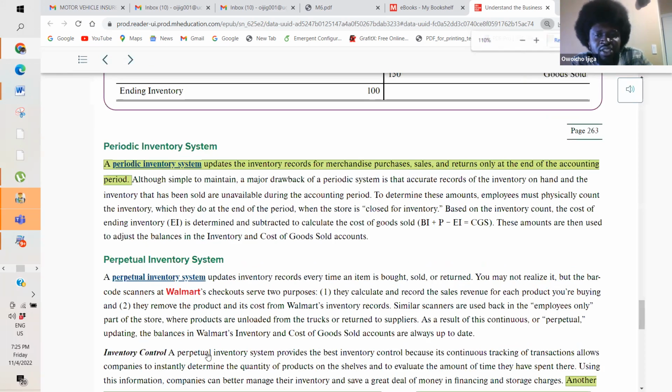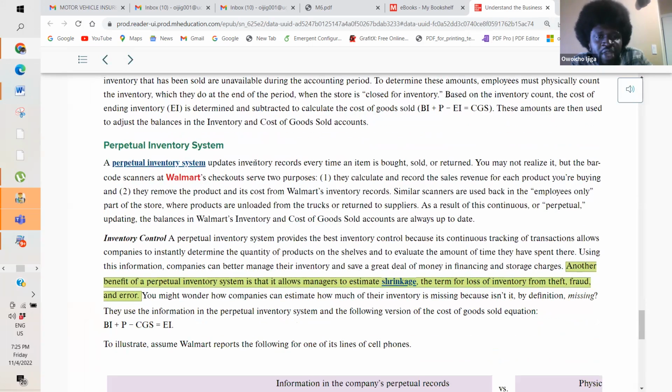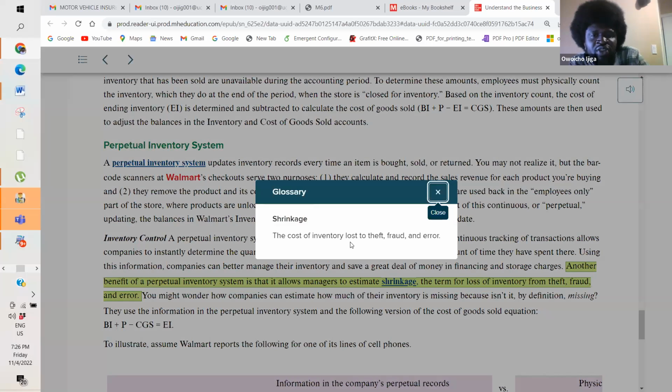However, the perpetual inventory system updates the inventory record every time an item is bought, sold, or returned. Another benefit of the perpetual inventory system is that it allows managers to estimate shrinkage. What is shrinkage? Shrinkage is the cost of inventory lost to theft, fraud, and error.